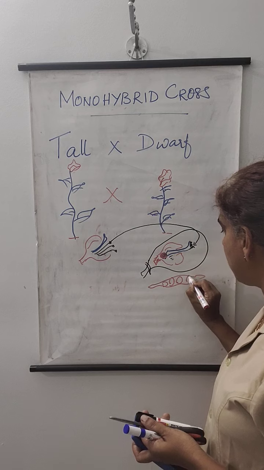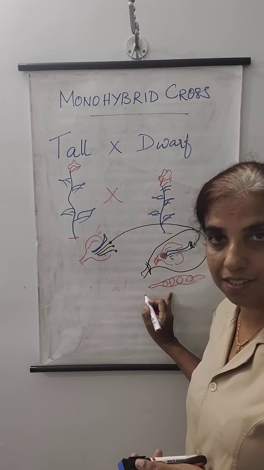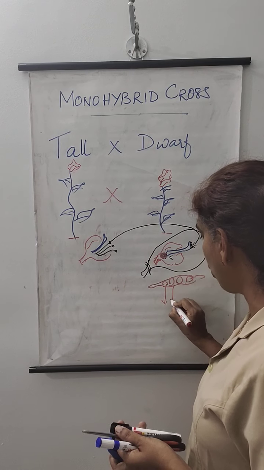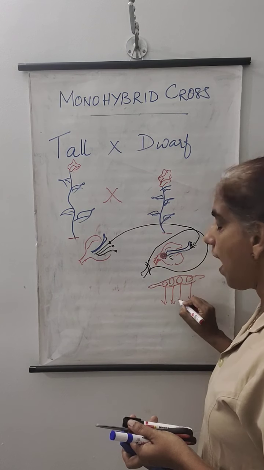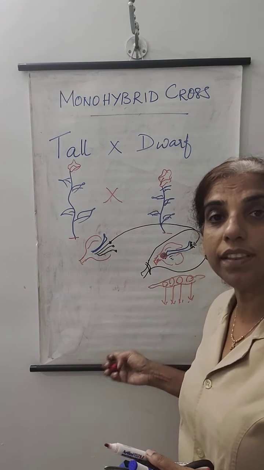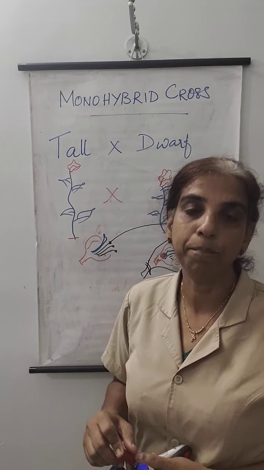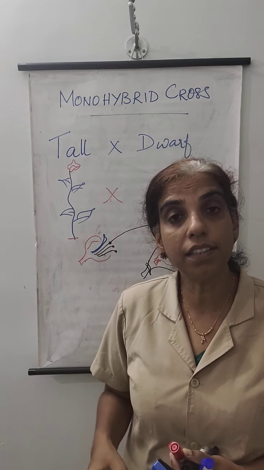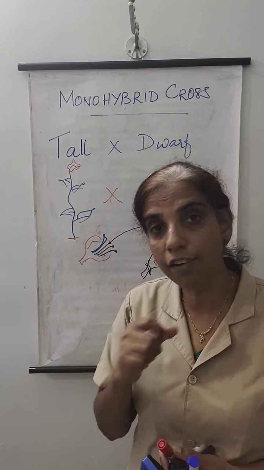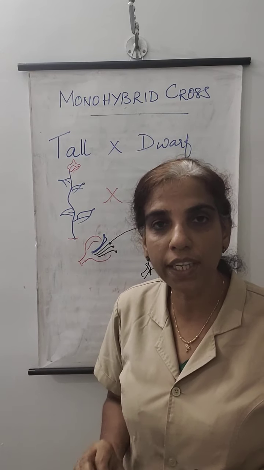For example, these are the pods with the seeds. These seeds are grown, and as a result plants can be grown by sowing these seeds. This is what we call controlled pollination. Now Mendel also used self-pollination. In self-pollination, we do not have to do anything.